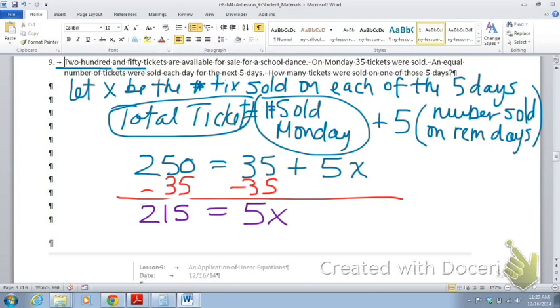Dividing by 5 gives me how many were sold each day.